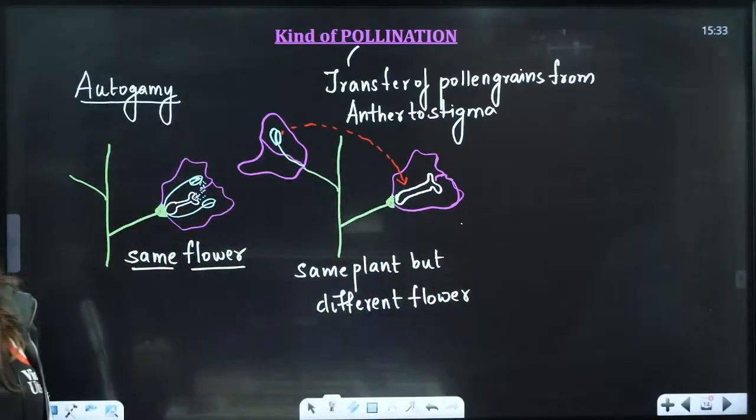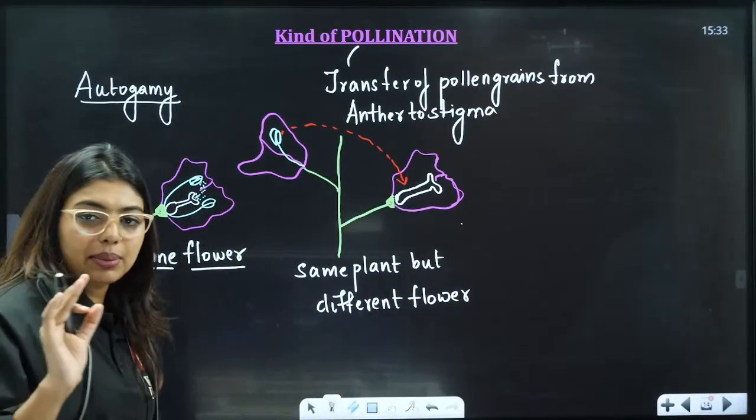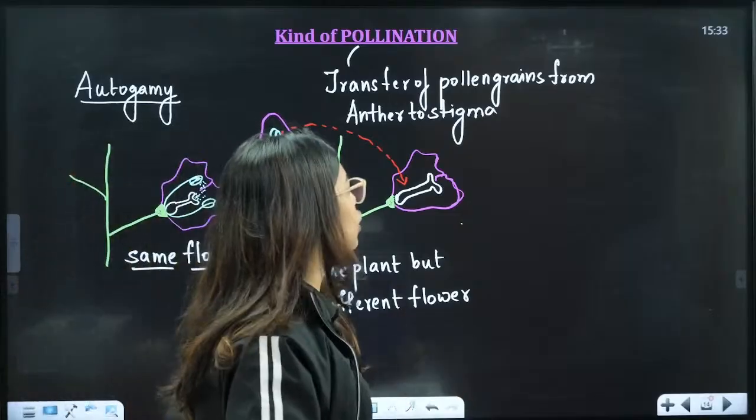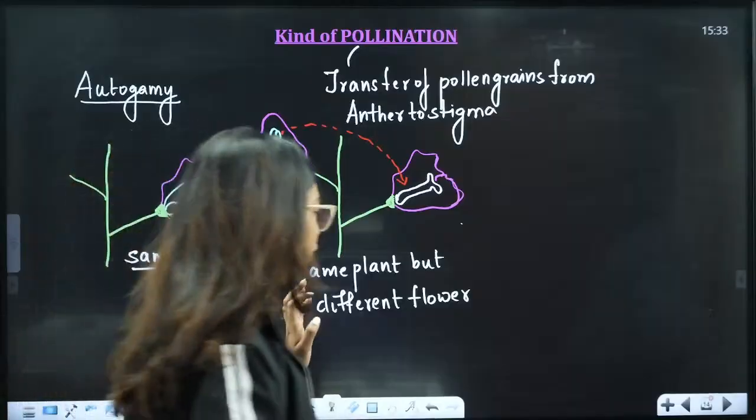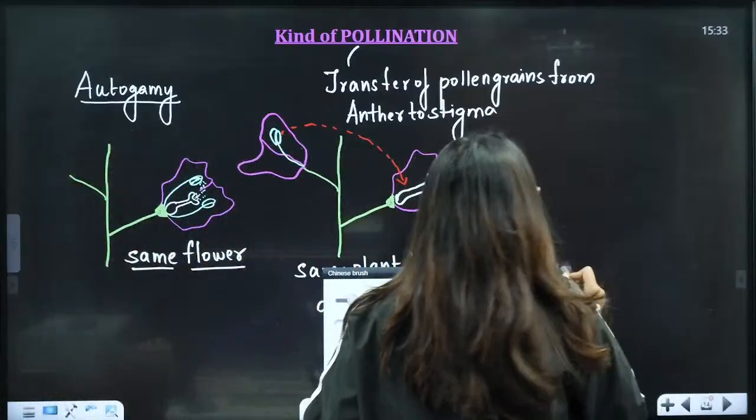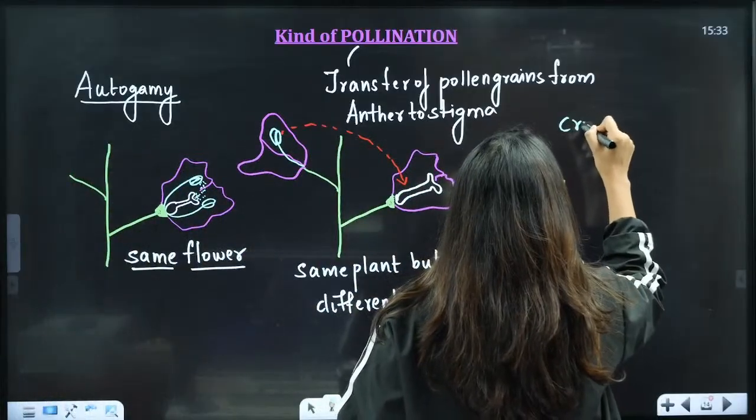Same plant but different flower. Clear to all of you? So the transfer of pollen grains from anther to stigma of the same plant but a different flower is going to be your definition. Now, last one is going to be cross pollination.